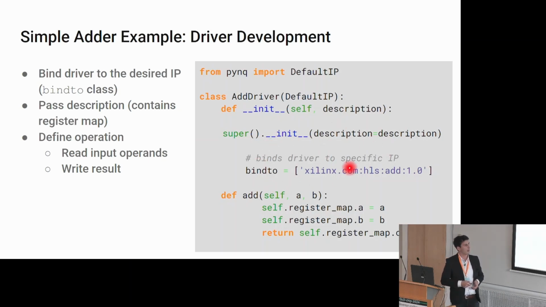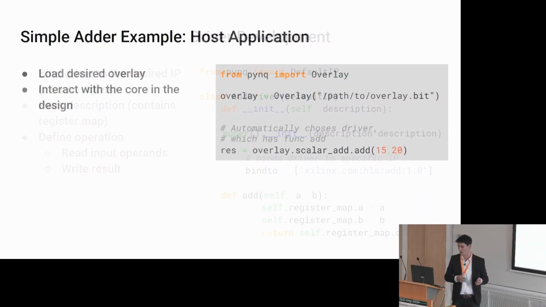And we bind this driver to the specific IP by providing the vendor, library, name of the IP, and the version, the VLNV parameters. And at the end, the most important thing is to define the functionality which this driver will provide.